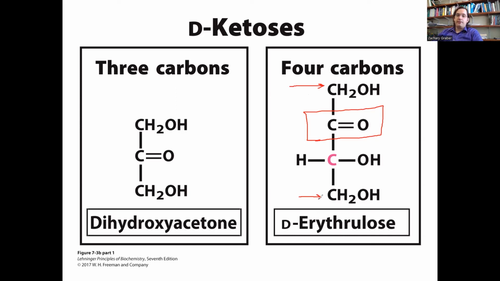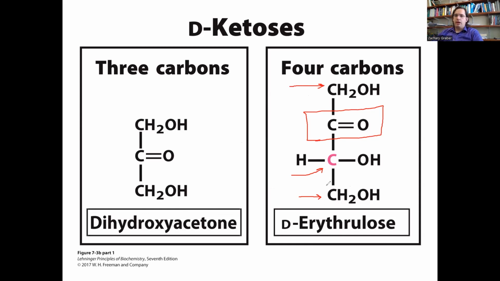Our carbon at the bottom is never a chiral center because it also always has 2 hydrogens. And so we only have our 1 internal chiral center for our 4-carbon ketose. Our 3-carbon ketose actually has 0 chiral centers, and so we only have our 1 achiral dihydroxyacetone as our ketotriose.